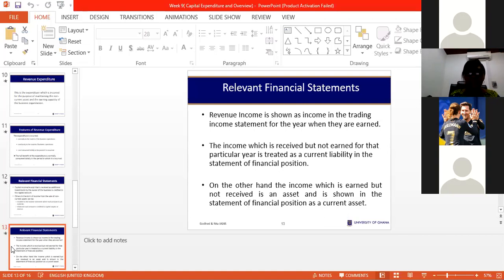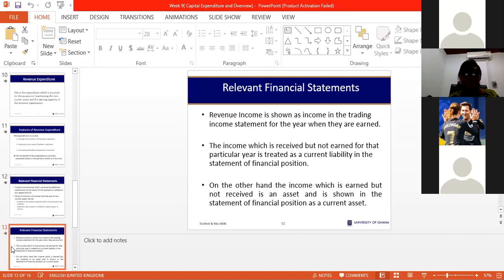On the other hand, where you have earned the income, but you have not received the amount. So for instance, you recall that when we sold to Ascertain, we realized that we have earned it, but we have not received the income. And when you earn and you have not yet received, you show it in the statement of financial position as a current asset.